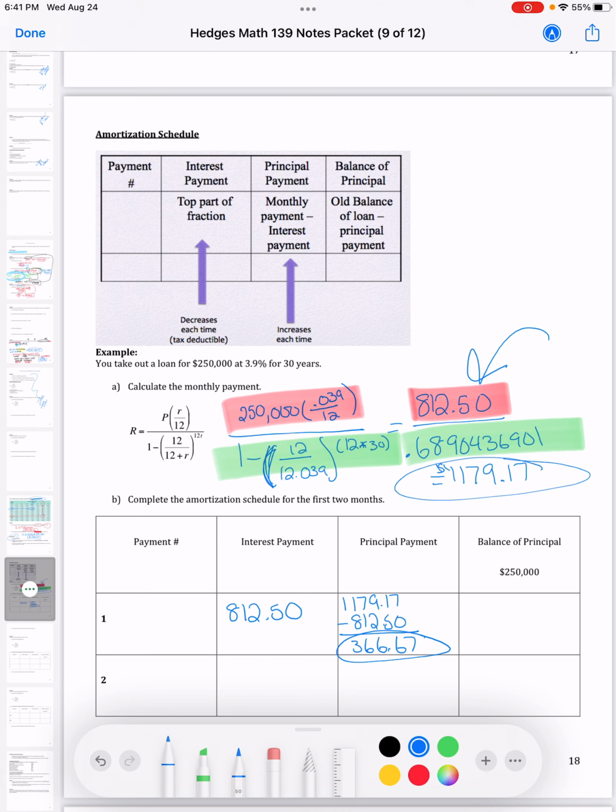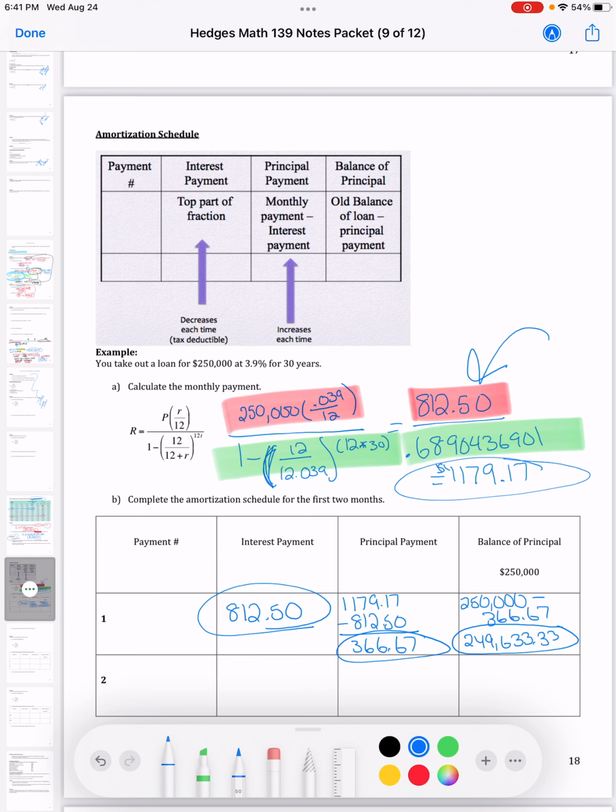That's how much goes directly to my loan. At the beginning, my loan was worth $250,000, but now I've paid $366.67 toward it. So now I don't owe quite as much. I still owe a lot, but I owe a little bit less. So that was for payment 1.